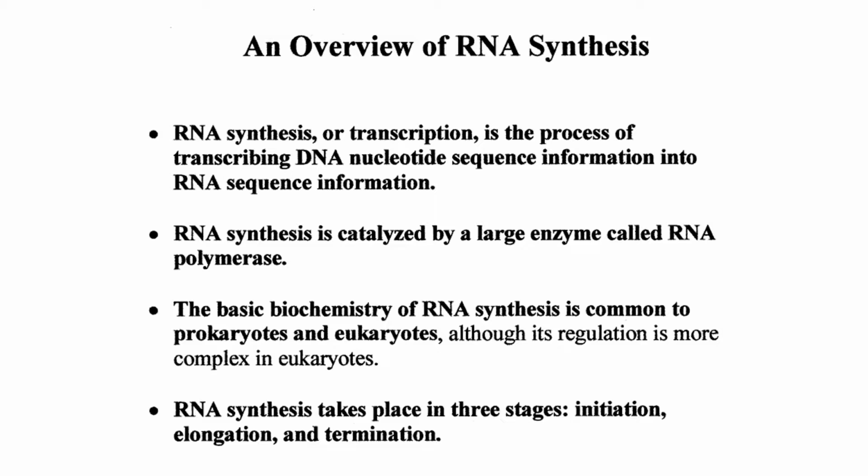The biochemical mechanism of RNA synthesis is very similar to that of DNA synthesis. The same basic mechanism is used in both prokaryotes and eukaryotes, although some of the post-transcriptional processing is quite different. There are 3 stages to RNA synthesis: initiation, elongation, and termination.